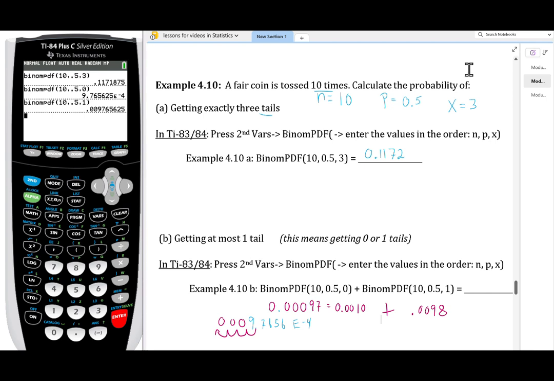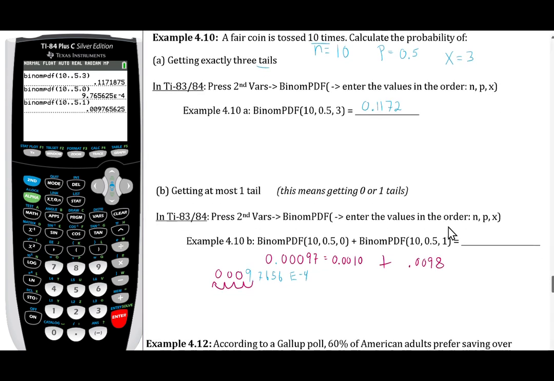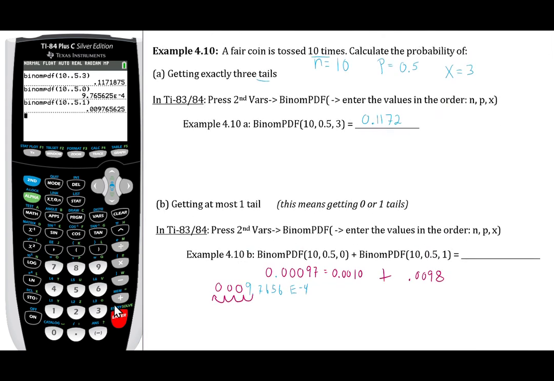Well, we can add these 2 right in the calculator. We will get the answer to the question at most one tail, and that would be 0.0108, because again, the 6 rounds the 7 up.